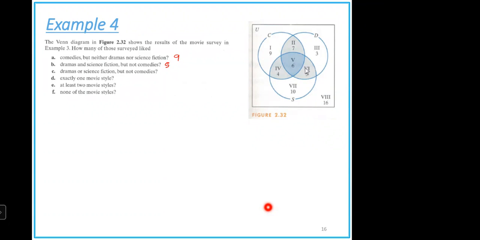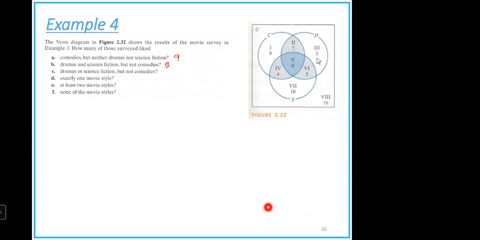This is 6. Oh, sorry. So that'll be 8 and 12. Yeah, but you still have another region. Remember, it says drama or science fiction. If I say or science fiction, that means if I like science fiction, you have to count me in too. Which other? You mean 10? Okay, so that's the 10, the 5, and the 3.